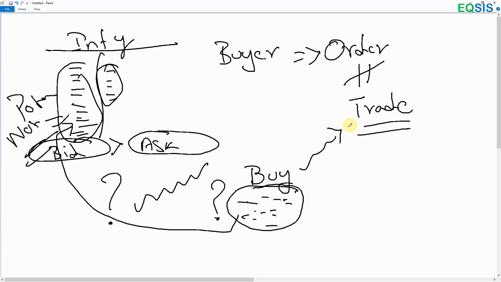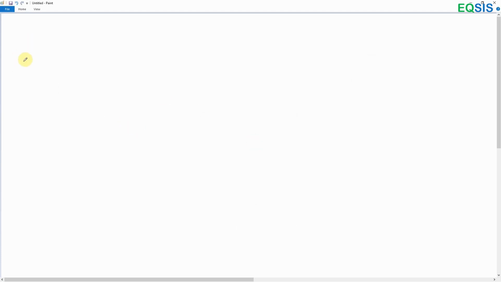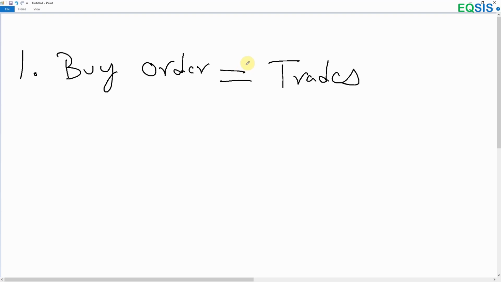Maybe his idea is to buy at that price, or he may even cancel when the price comes to that level. So don't rely on this to create trades. The first thing to understand is that all buy orders are not necessarily going to become trades. The more buyers standing in the queue does not necessarily mean there are a lot of buyers to push the price up.